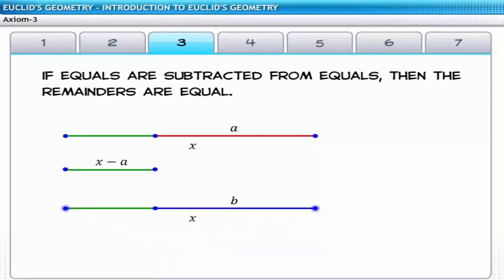What we get as a result is x minus b. On comparing the lengths of x minus a and x minus b, we can observe that they are equal. Hence, we can conclude that since the line segments a and b are equal in length, the lengths of x minus a and x minus b are also equal.